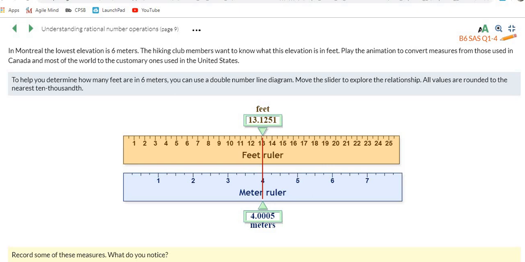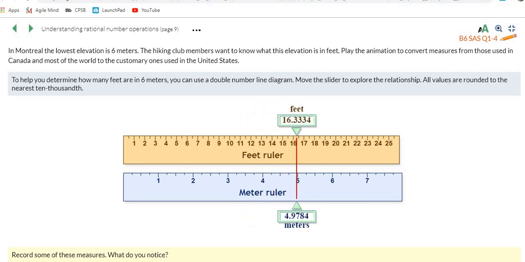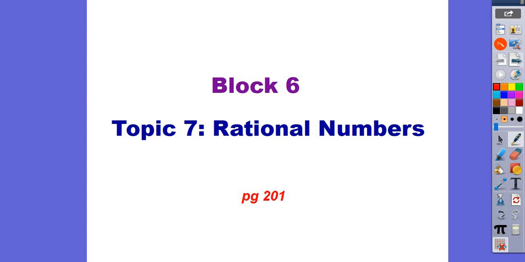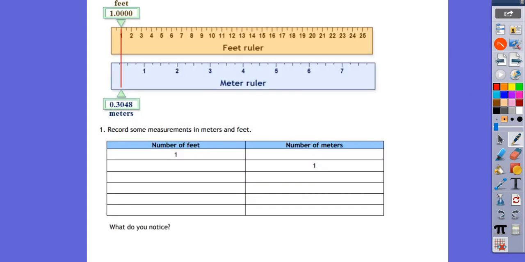Maybe 17. 16.4168. What was this one? 3.2917.